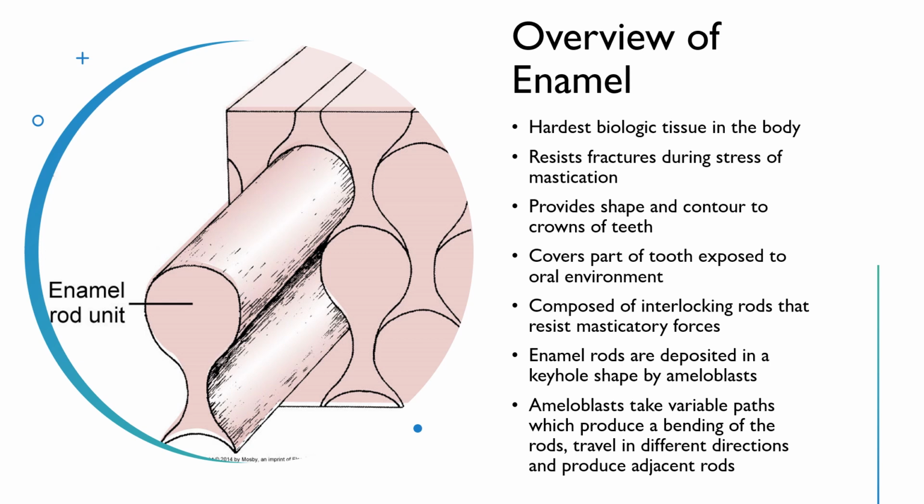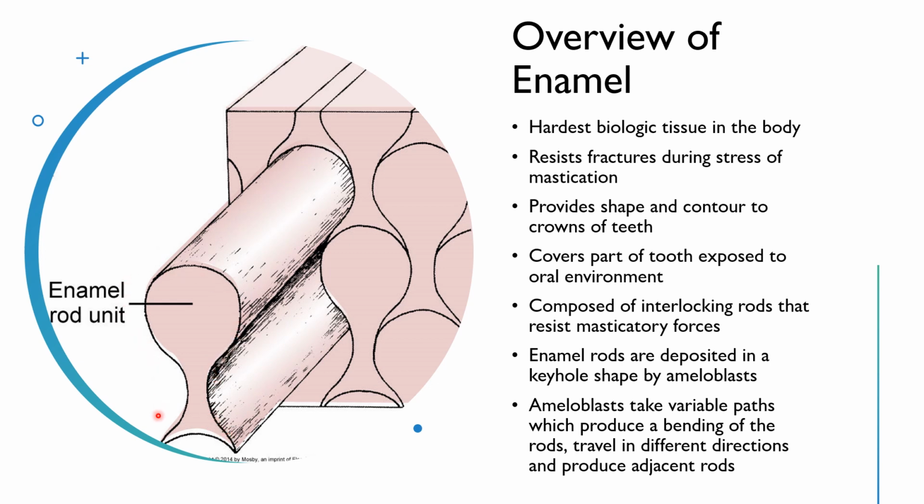So the enamel is made up of all of these interlocking rods. And you can see just briefly in this picture here. We'll look at a lot more pictures that will be a little bit more clear, but enamel rods are basically this shape that you see here. It's also sometimes referred to as a keyhole shape. Okay, so it almost looks like the shape of a keyhole.